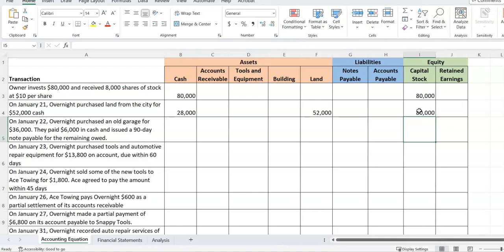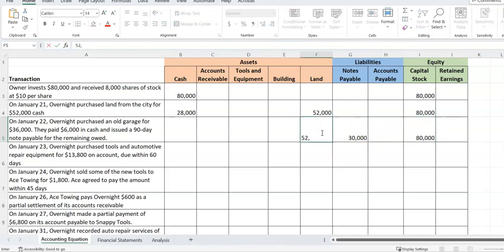Okay. Now, on January 22nd, we purchased an old garage building for $36,000. We paid $6,000 in cash. We issued a 90-day note payable for the remaining amount owed. Now remember, I said a liability is anytime we owe people money. So now we have a liability of $30,000. We still have capital stock of $80,000.